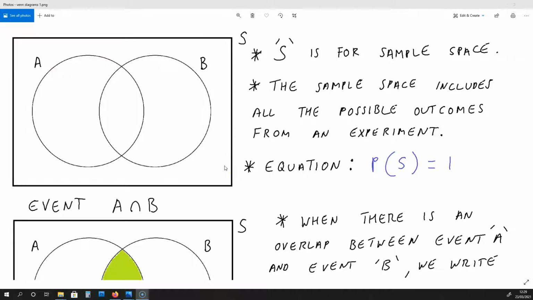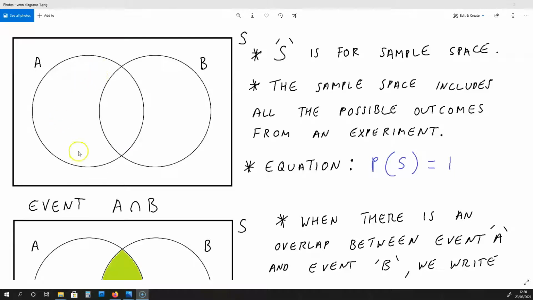As one example, we can go back to flipping a coin. The possibility of getting A is 50%. The possibility of getting B is also 50%. The possibility of getting neither would be 0, and the possibility of getting both at the same time would also be 0, technically speaking.